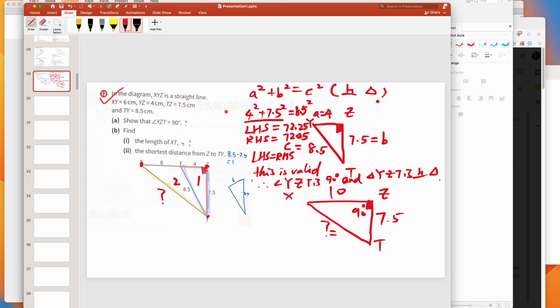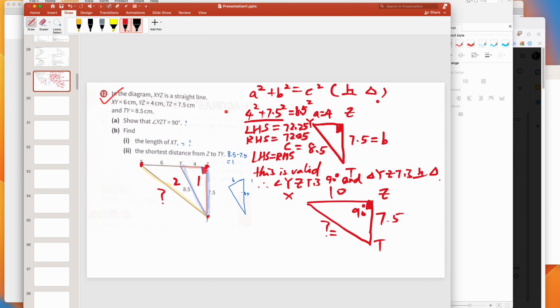Why do you need to square root both sides? Because we are finding c, so you should square root both sides now. Square root and square cancel each other, right? Okay, good.